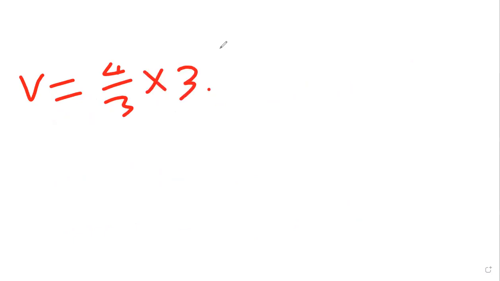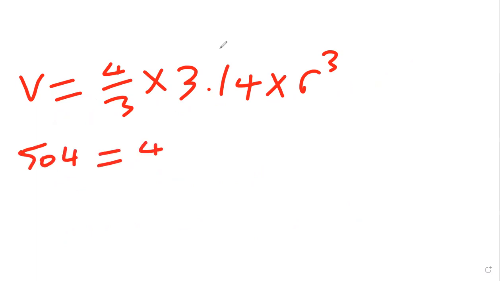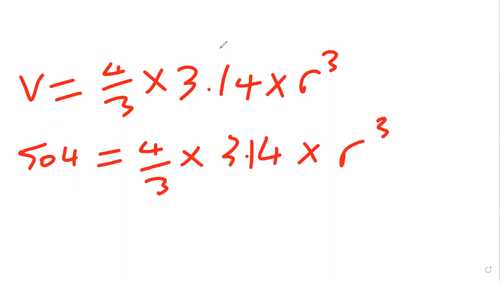So my formula for the sphere is the volume equals 4 divided by 3 times pi times r cubed. We don't know what r is, but we know that our volume was 504, and we write everything back, to the third power.